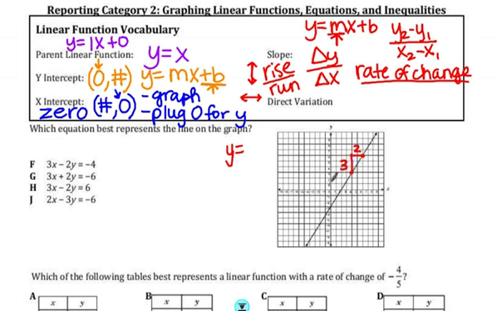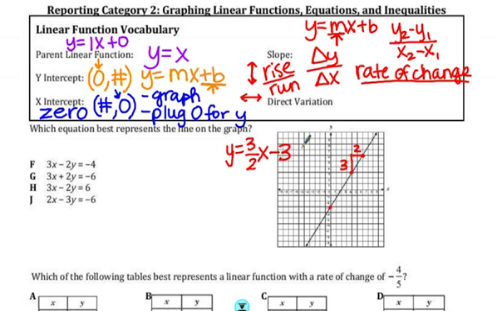So my slope is 3 over 2x, and my y-intercept is here at -3. That's how we write the equation for lines that we're given a graph for: y equals 3/2 x minus 3.